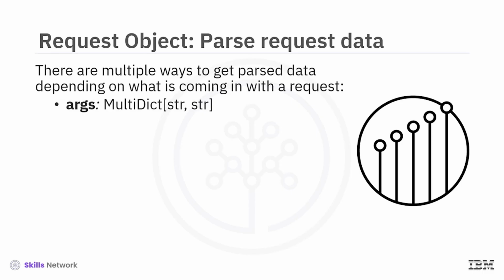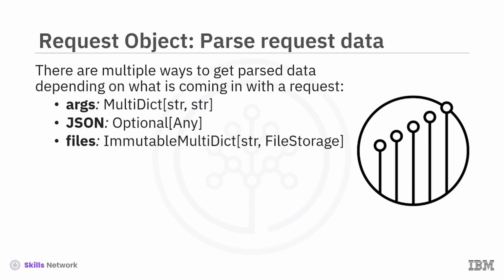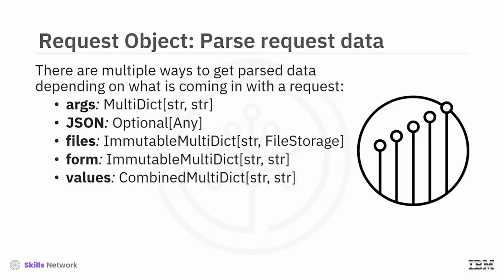Args will give you query parameters as a dictionary. JSON will parse the data into a dictionary. Files will provide your user-uploaded files. Form contains all values posted in a form submission. And values combines the args data with the form data.